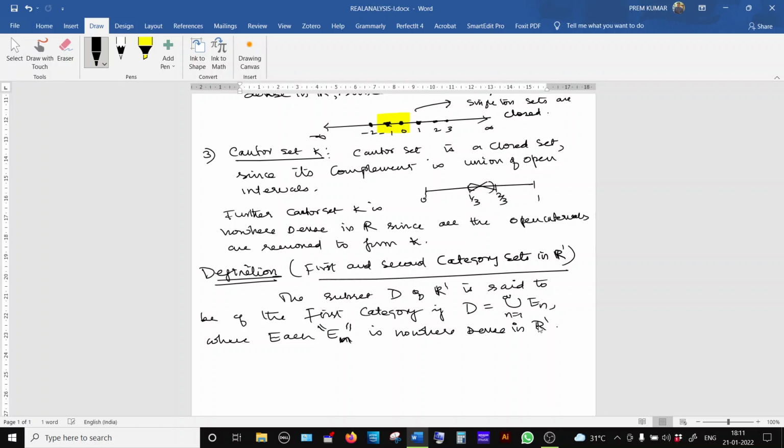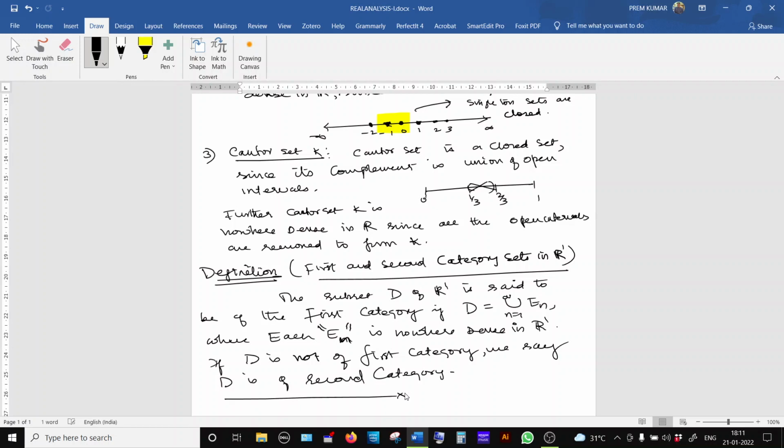If D is not of first category, we say D is of second category. That is the meaning of first category.